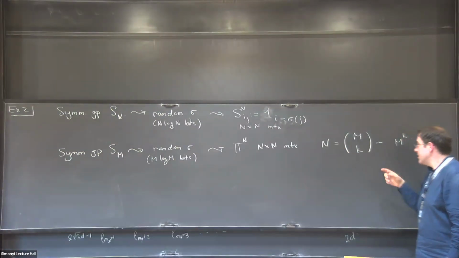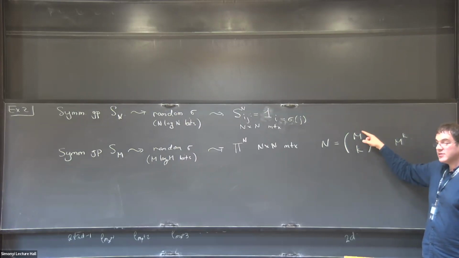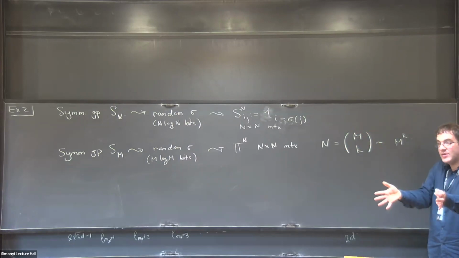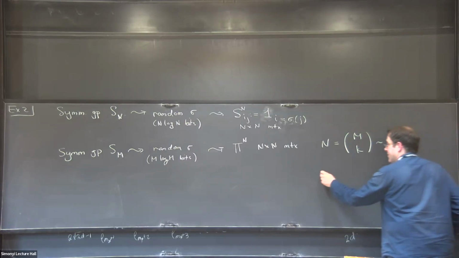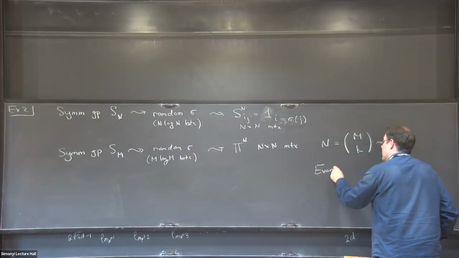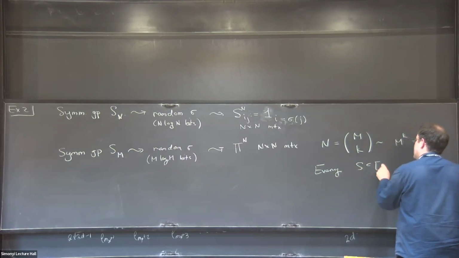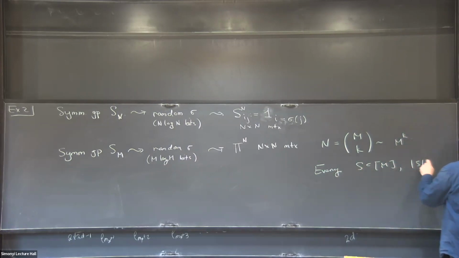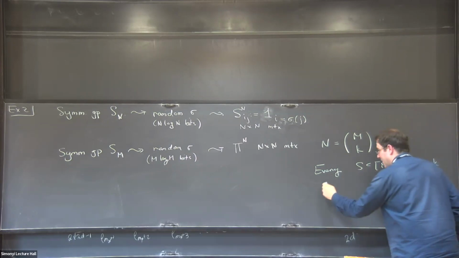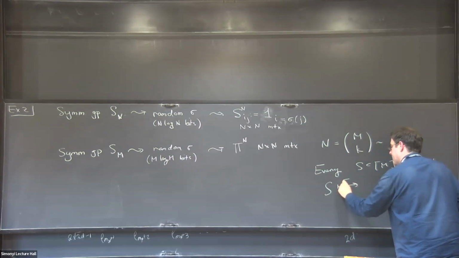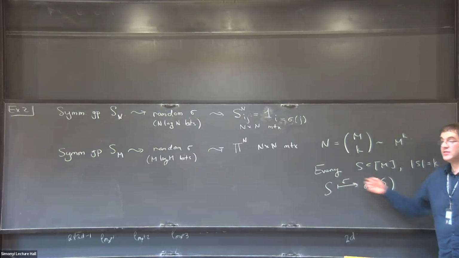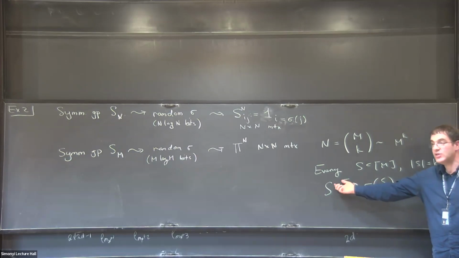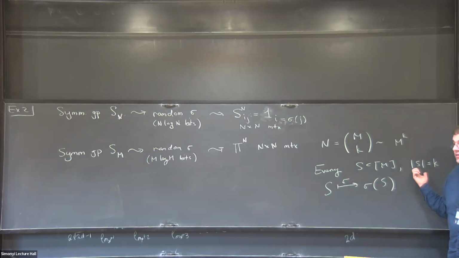Now, if I have a permutation of m elements, and I take a subset of k elements, then I can just act with that permutation on the subset of k elements. Every subset of k elements gets sent by the permutation sigma to some other subset: I take each element and permute it by sigma, and I get another subset of k elements. So I can act with the permutation on subsets of k elements rather than on the original matrix itself.